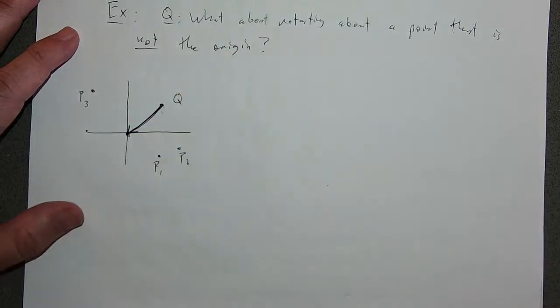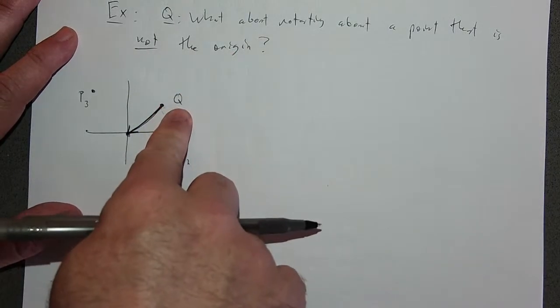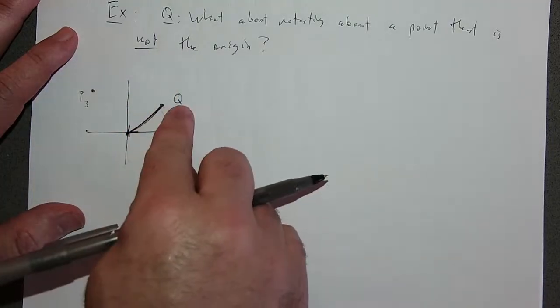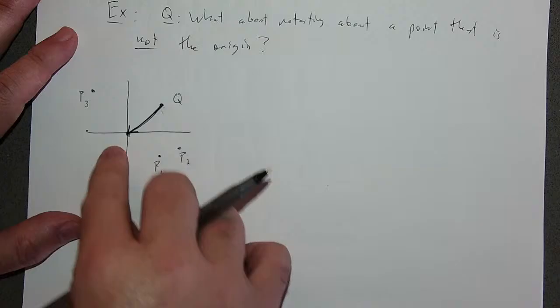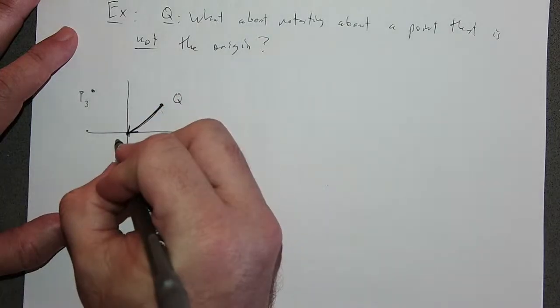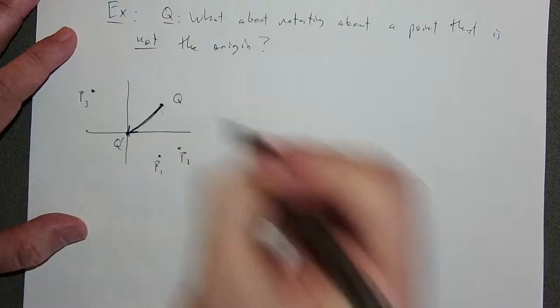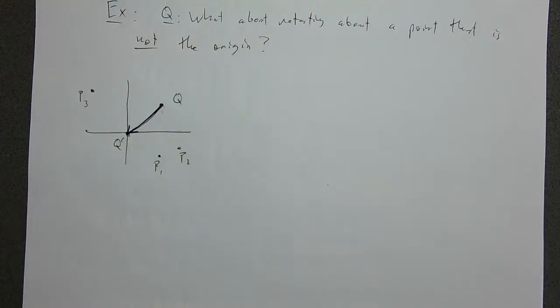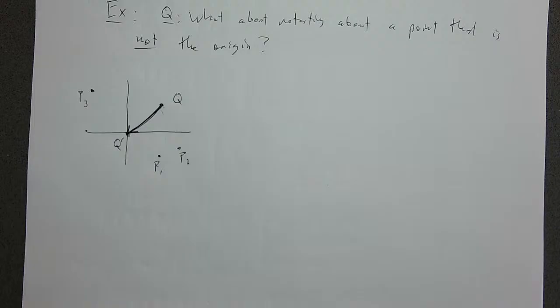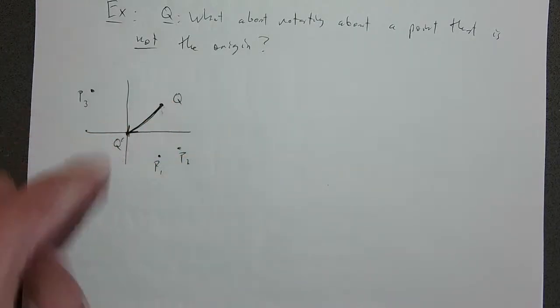And so what I could do is translate the entire plane so that after the translation, Q would sit at the origin. I'd translate Q to some Q prime, which is just the origin, and it is going to move these points in the exact same fashion. All of them are going to be translated exactly the same.